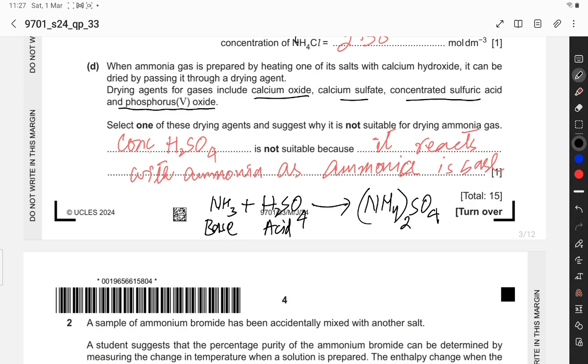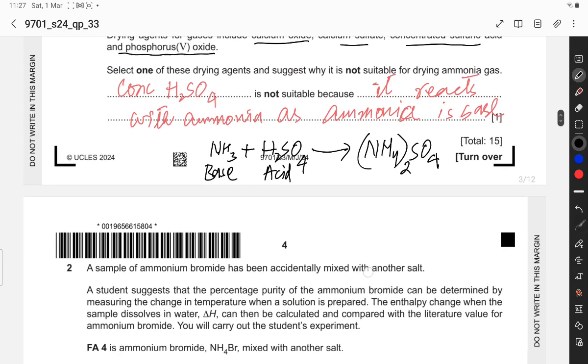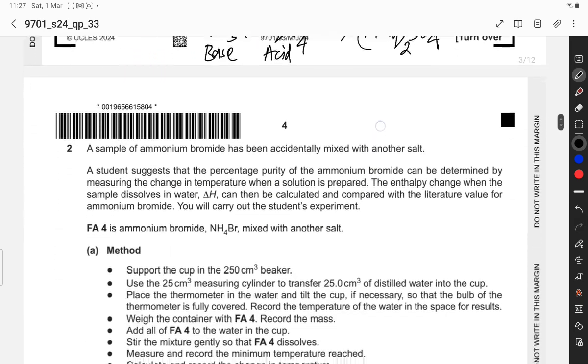That's why concentrated sulfuric acid is not suitable. We can use any base, calcium oxide we can use in this reaction because ammonia is a base and calcium oxide is a base. But concentrated acid cannot be used in this reaction.